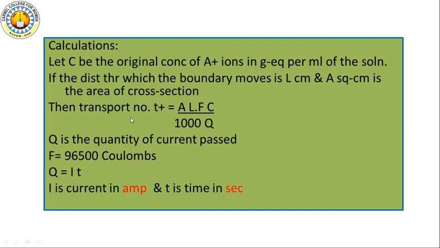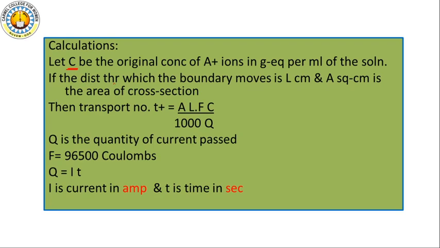Now the calculations here will be, let C be the original concentration of A plus ions in gram equivalents per ml of the solution. So you have C, which is your concentration.